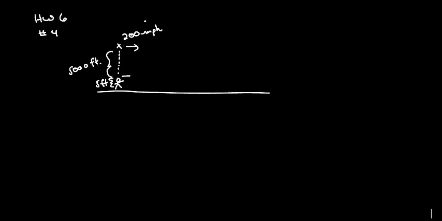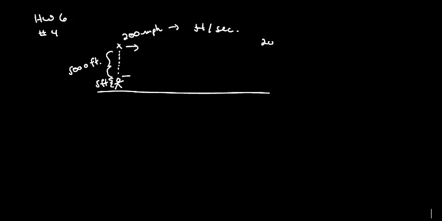So now what we need to do is figure out this thing in terms of feet per second. The reason I need it in feet per second is, one, I need it in feet so that I can compare it with this value right here. And second, I would like it in seconds because the problem asks for the time in seconds.